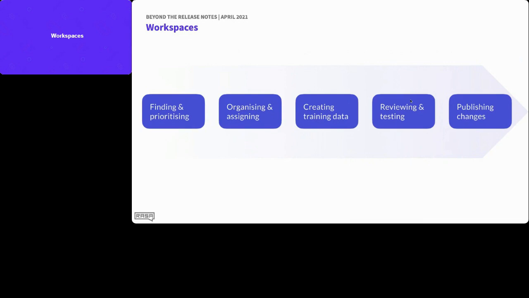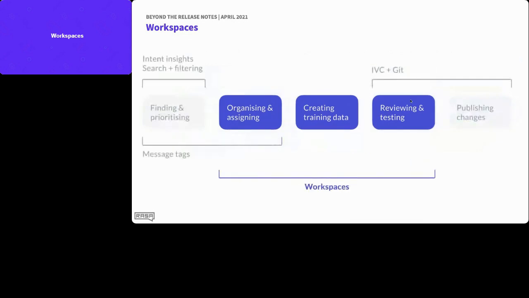And when we look at Workspaces, to put that in context, it sits on those middle 3 points, and you can see there are a couple of features that we've just recently launched or that have been there longer that sit on either side of this. So when it comes to finding and prioritizing things, intent insights, and some of the search and filter features we've shipped recently targeted at this.